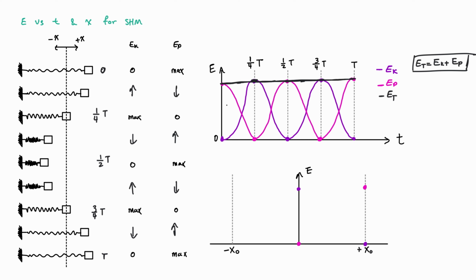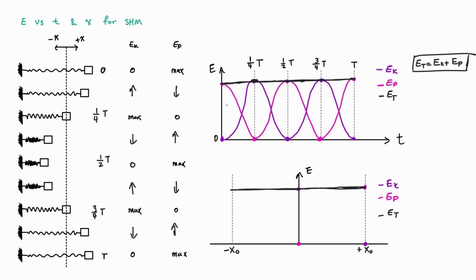Just to make this simpler, I'm just going to draw a straight line which represents the total energy, and the total energy here never decreases. So this is going to be my ET as before. I'm going to have my kinetic energy, and I'm going to have my potential energy. So my potential energy, again, right at the center, there's no deformation, so it's 0.